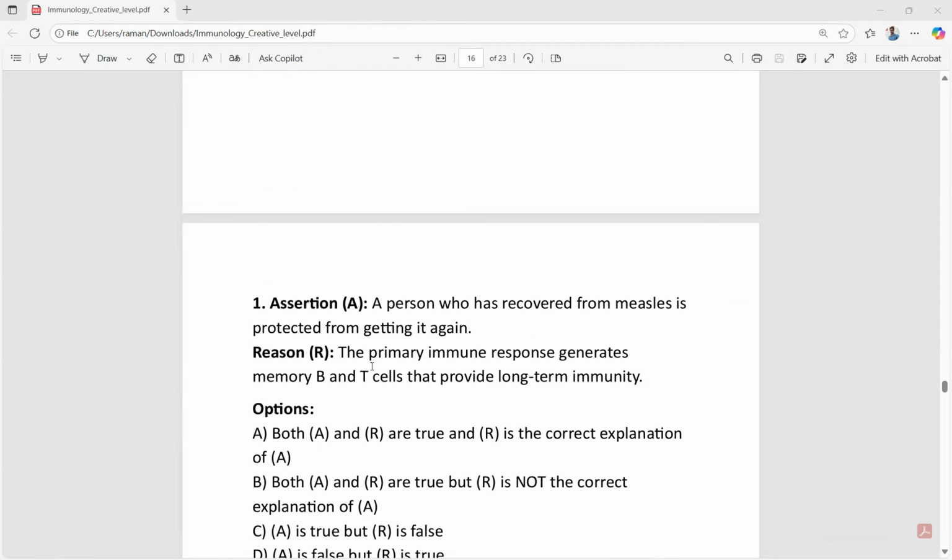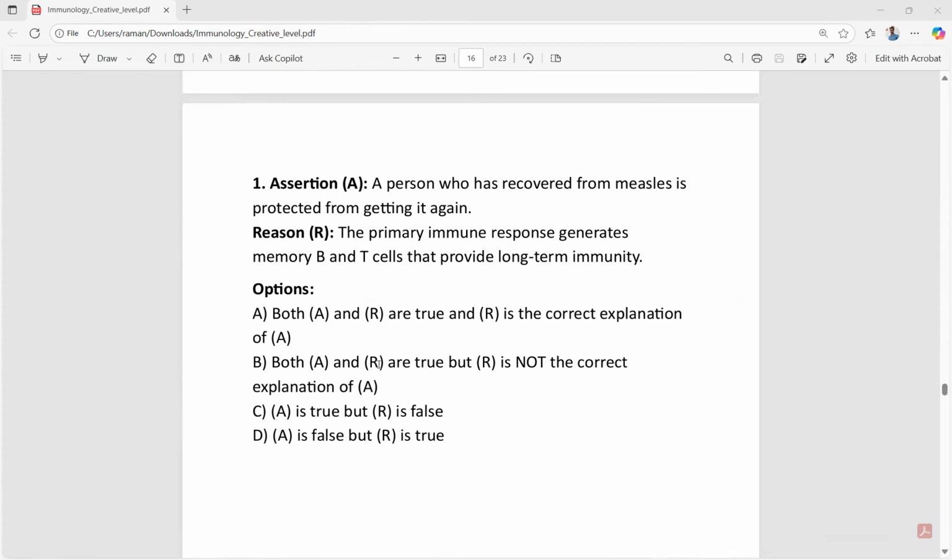We have to go faster. Okay. Assertion and reason type. A person who has recovered from measles is protected from getting it again. Measles is caused by a virus, and the person is protected from getting it again.